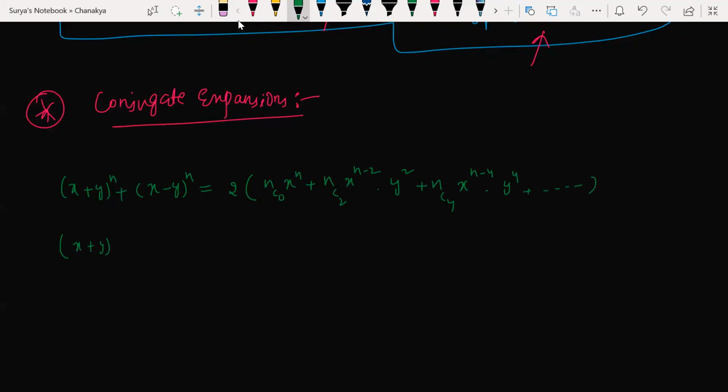If I have (x plus y) to the power of n minus (x minus y) to the power of n, it is 2 times the odd terms: nC1 x to the power of n minus 1 into y plus nC3 x to the power of n minus 3 into y to the power of 3.